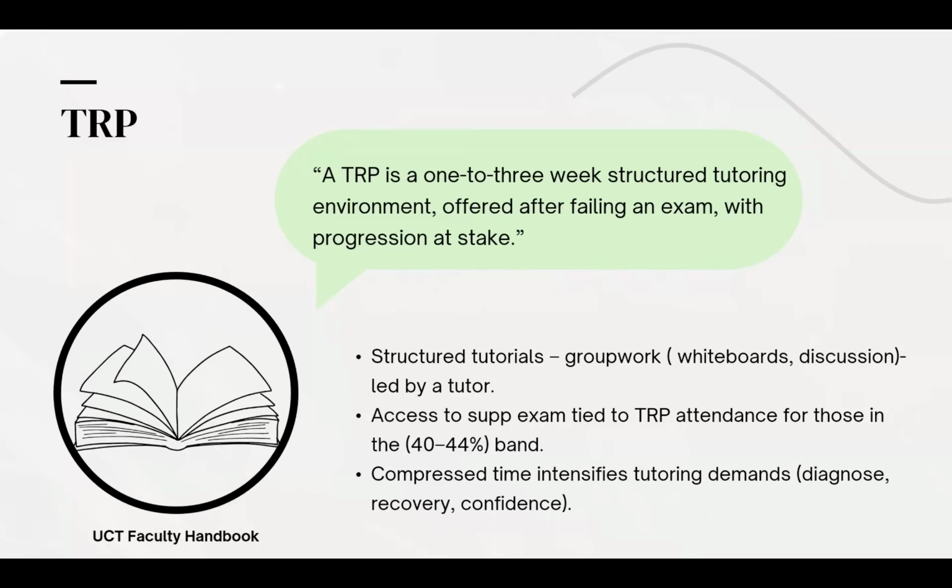But the students that have between 40 to 44 then have the privilege of attending the TRP. With the catch, though, attendance is mandatory, so you will only be able to access the exam if you've attended the crisis week, so to speak, or the Valley Week.